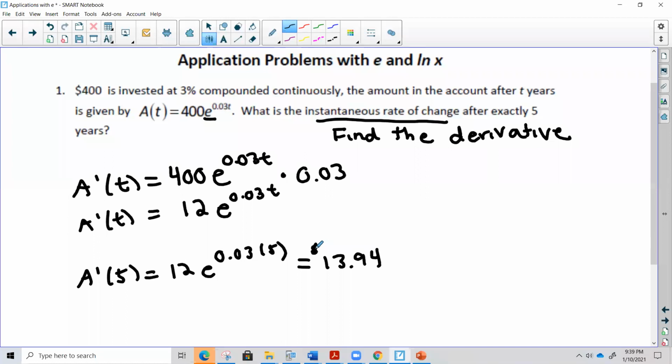So the instantaneous rate at time t equals 5 is $13.94. So the amount in the account is changing by $13.94 at time t equals 5. So between the 5th and the 6th year, pretty much, it's changing by $13.94.